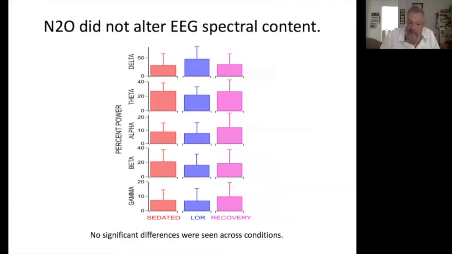A little bit of an increase in delta activity, depression in the theta band. Alpha and beta, as predicted, don't change much at all. So bottom line was there are no significant differences seen across any of the conditions at any of the frequencies. So again, this is why the monitors don't work so well.